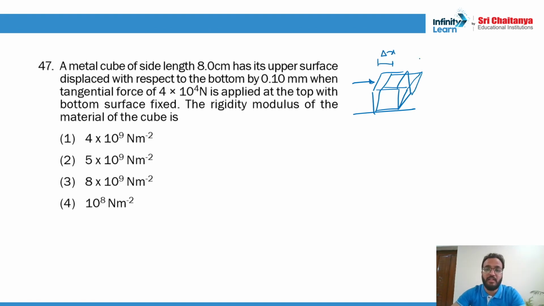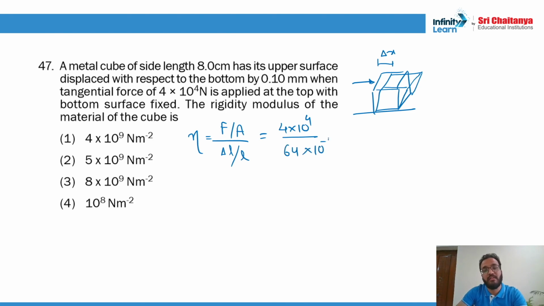So you will say, sir, rigidity is equal to F upon A upon delta L by L. Again, what is force? 4 into 10 to the power 4. Upon what is area? Area is 64 centimeter square.